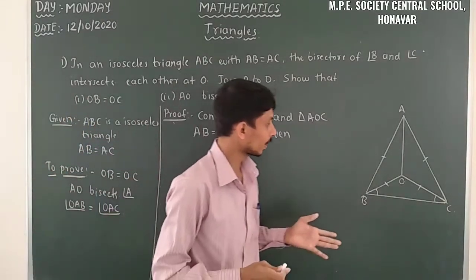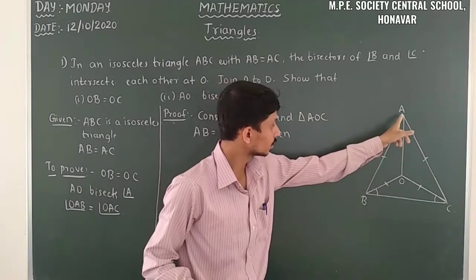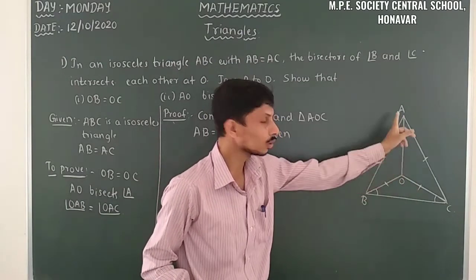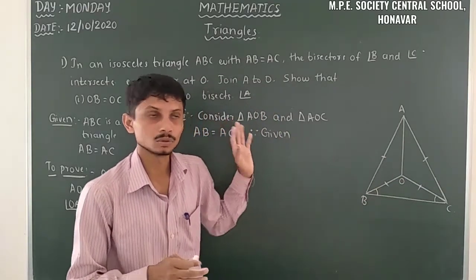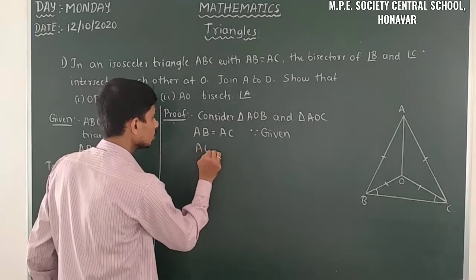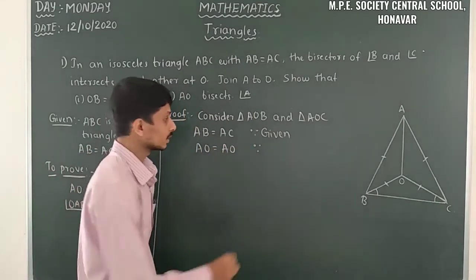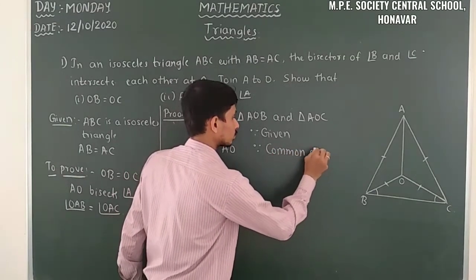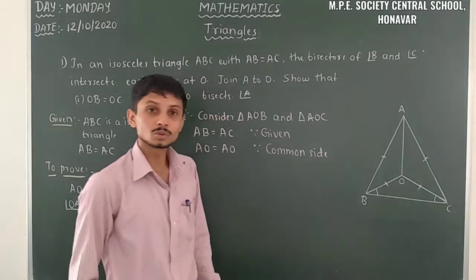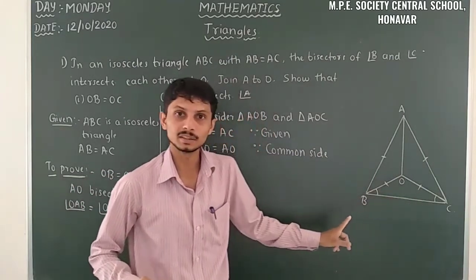Then any other parts? Yes, just observe, AO is equal to AO. Those two are a common side for both, so AO is equal to AO because it's a common side. Here we have angle OBC is equal to angle OCB.